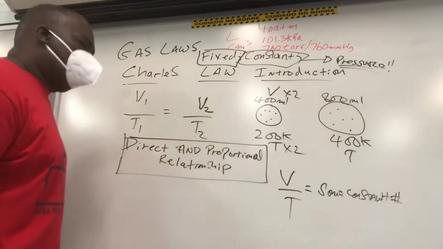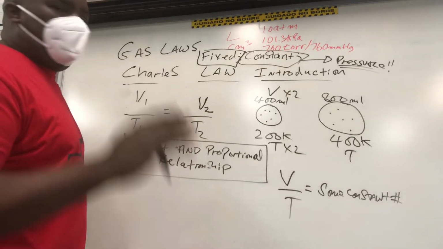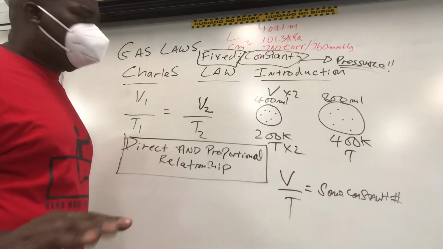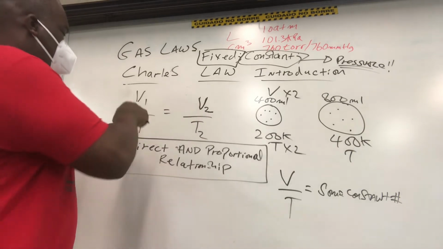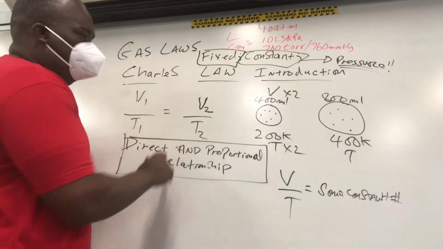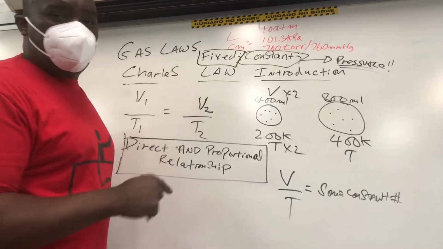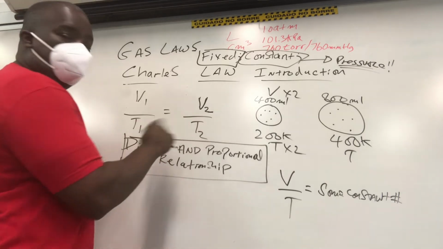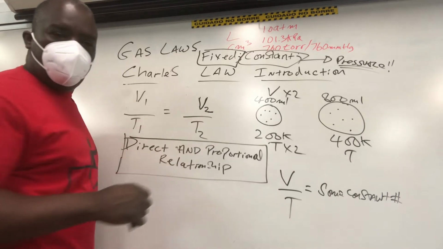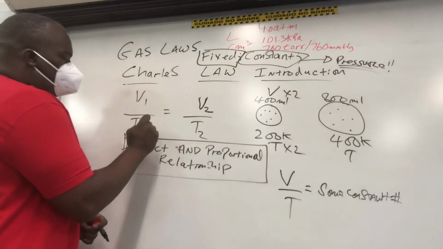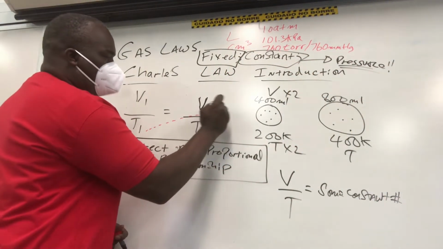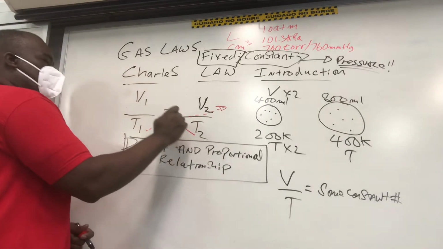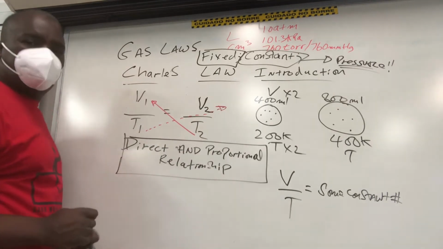All right. So, as we're wrapping up the introduction of Charles' law, we got V1 over T1 equals V2 over T2. I tell my students, don't leave it like this and use it like this. Always when we're going to do Charles' law, we are going to crisscross or cross multiply the temperatures to make our life simple.